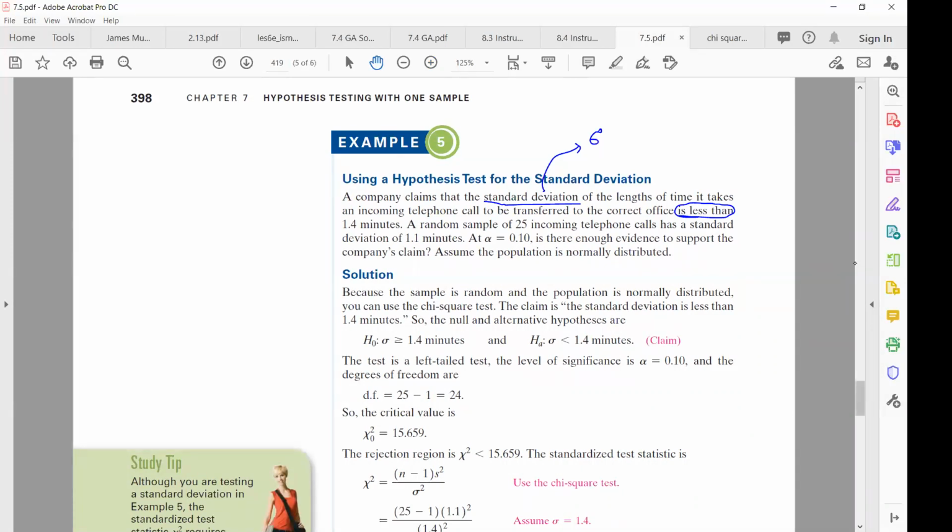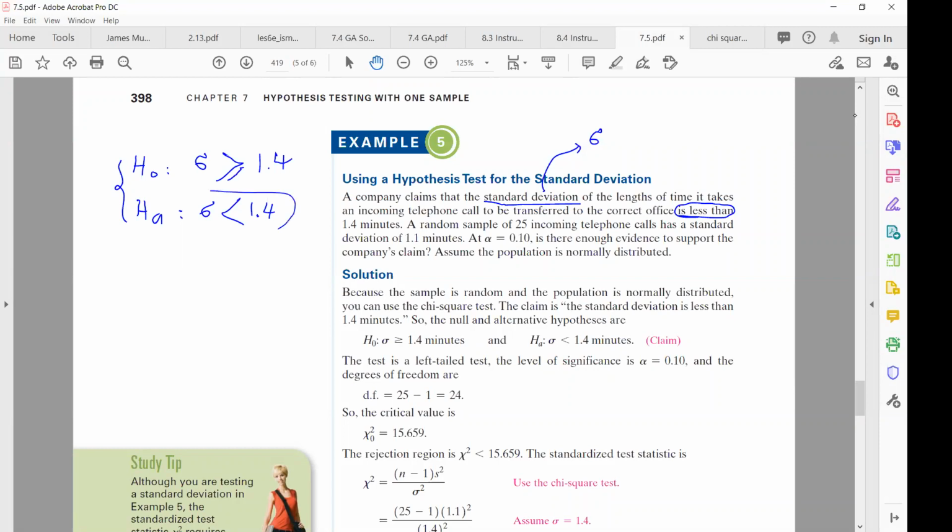We have less than. It means that our alternative hypothesis is given, and it says sigma is less than 1.4. So it's opposite. The null hypothesis says sigma is greater than or equal to 1.4.